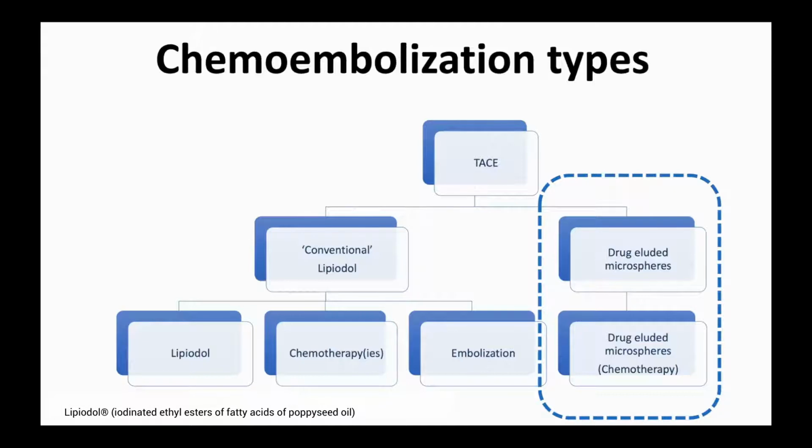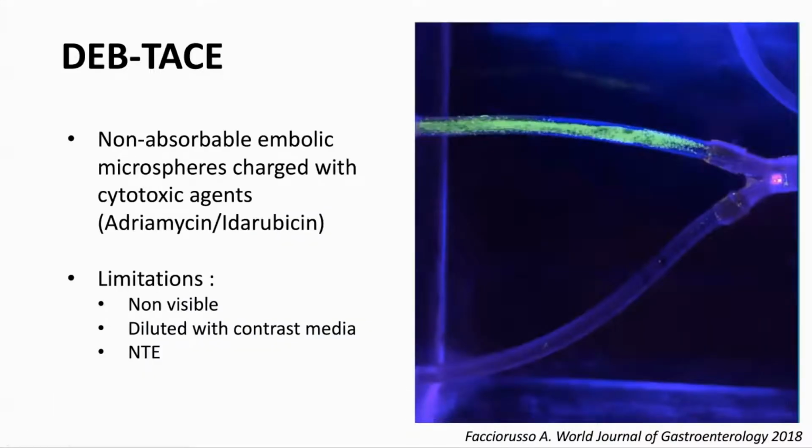There are 2 types of chemoembolization: the conventional TACE using Lipiodol, but also the TACE using drug-eluting microspheres. And today I'm going to talk about this type of TACE. So DEB-TACE uses non-absorbable embolic microspheres loaded with cytotoxic agents such as adriamycin.